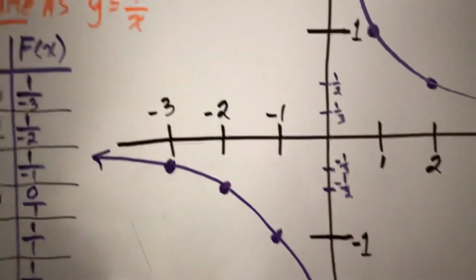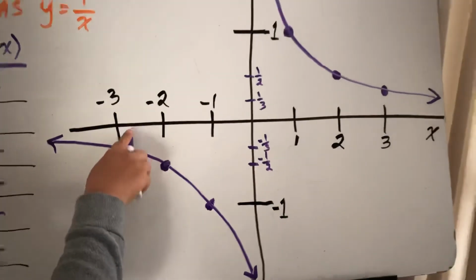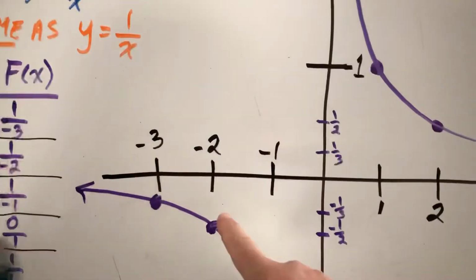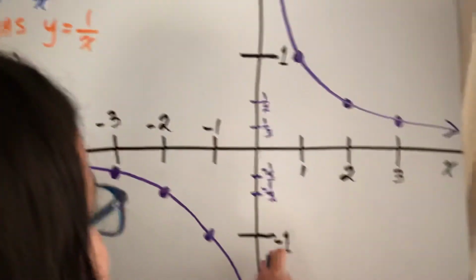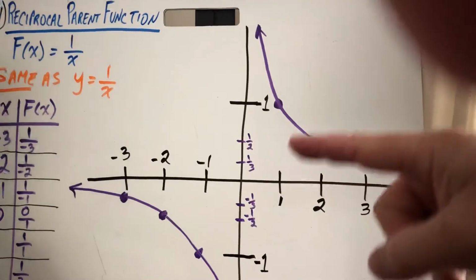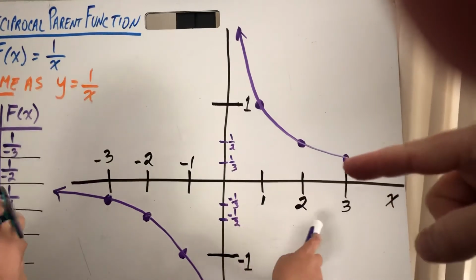So, where's -3 and -1/3? Right there. -2 and -1/2 is right there. -1 and -1 is right there. Okay. And then we've got 1, 1, 2, 1/2, and 3 and 1/3.